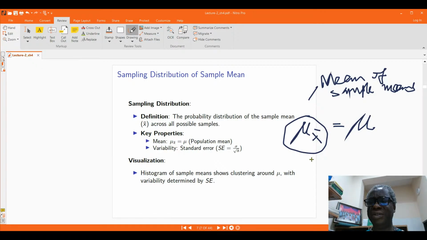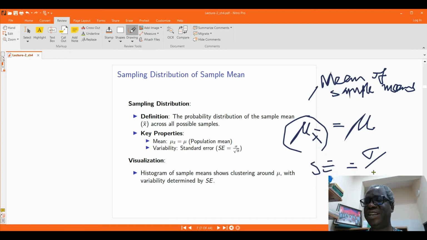To put it properly, the standard error, which we call the SE, is equal to the population standard deviation divided by the square root of n. N, don't forget, is the sample size.